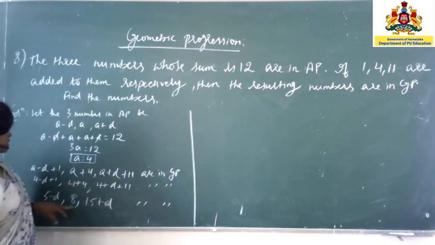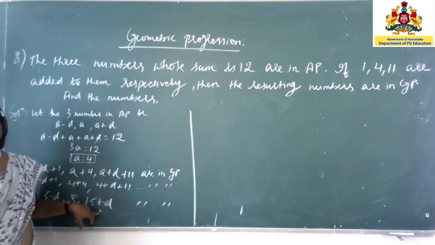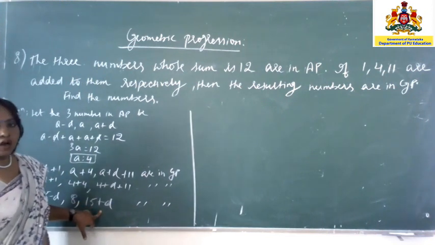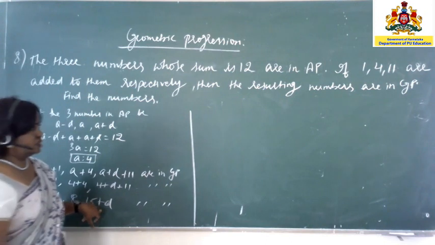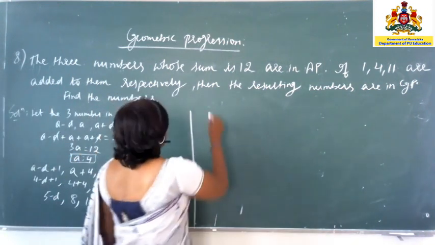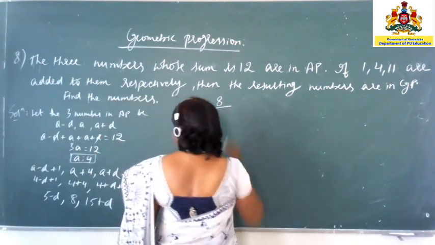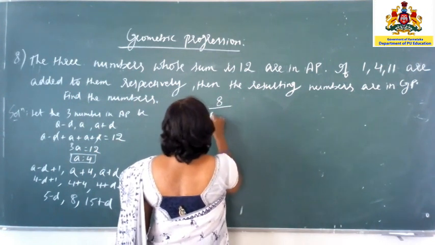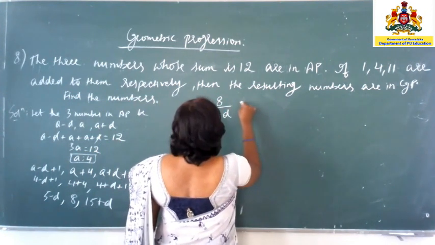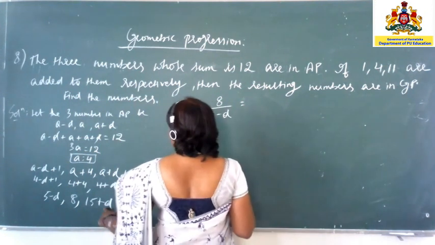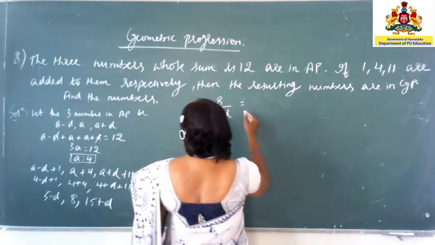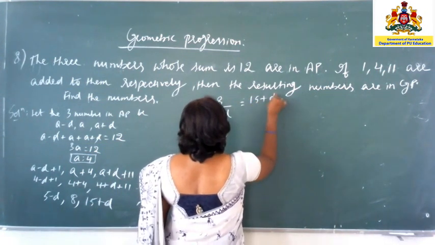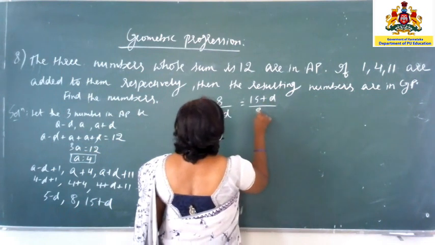When 5 minus d, 8 and 15 plus d are in GP, then according to the definition of GP, T2 divided by T1, 8 divided by 5 minus d, is equal to T3 divided by T2, that is 15 plus d divided by 8.